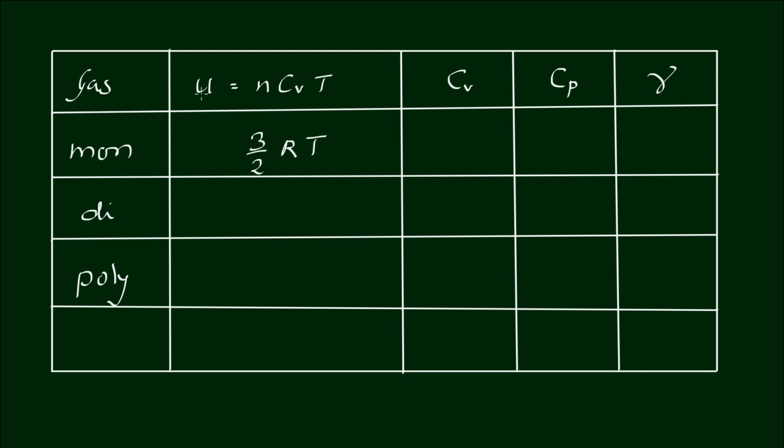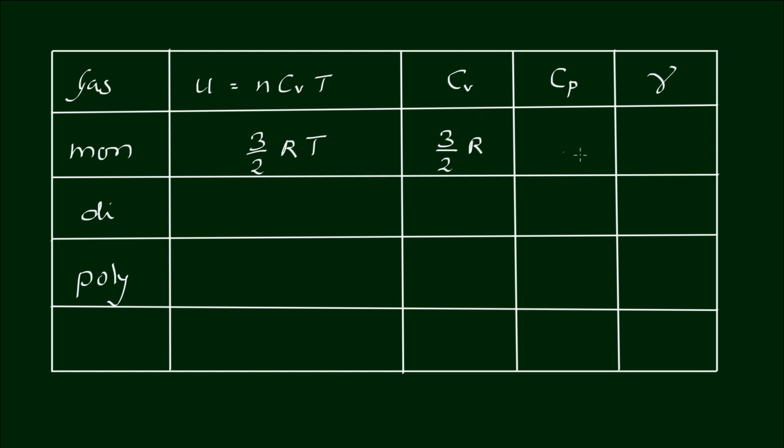Now n is 1. If I compare these two equations, we find Cv is 3/2 R. So from the kinetic theory, we're able to predict what the molar specific heat at constant volume should be. Interestingly, all monatomic gases, whether it's helium or argon, are going to have a Cv of 3/2 R as long as they behave ideally, which means at high temperatures and low densities.